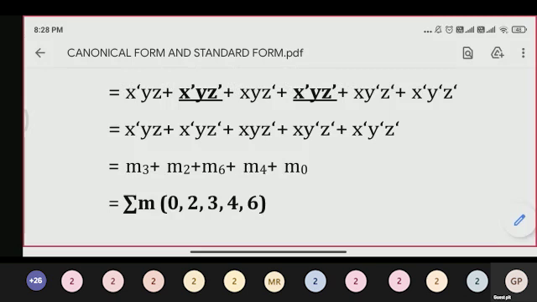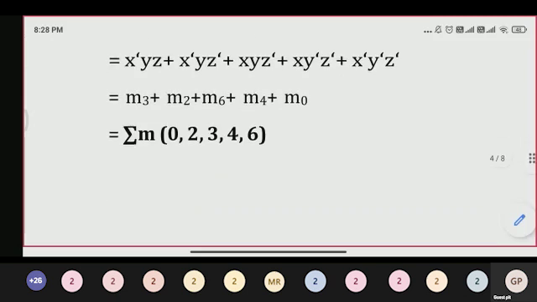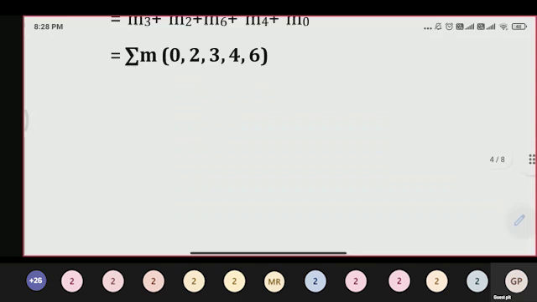That corresponds to the min term 4, and finally you are having x bar y bar z bar, that is 0, 0, 0, that corresponds to the min term 0. Finally you have to write all the min terms: summation of min terms 0, 2, 3, 4, 6.